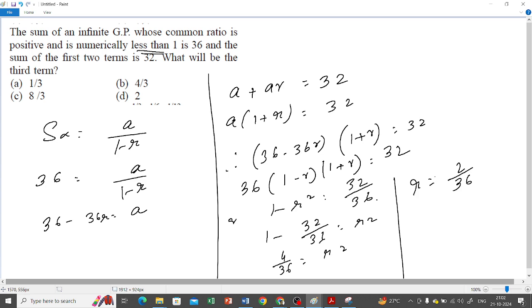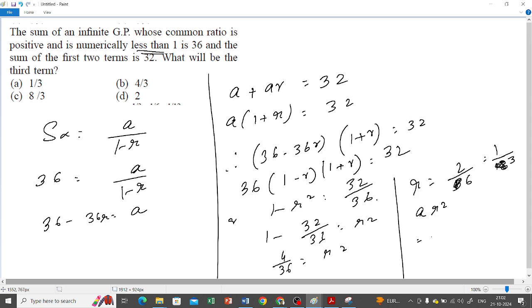Why can it not be minus? Because it is given that the common ratio is positive. So R is 2 by 36, that is 1 by 18. Sorry, 2 by 6. Okay, 1 by 3. What will be the third term? Third term is going to be A R square.